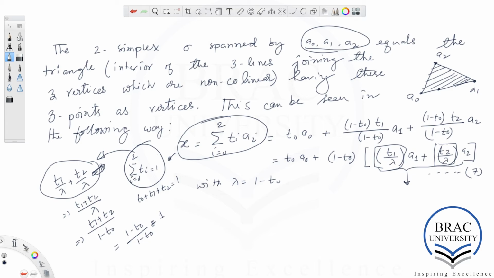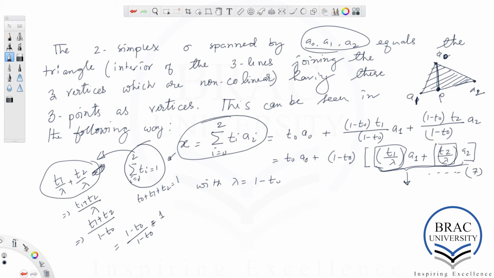It means that what we have inside the square bracket is the coordinate of a point lying in a line segment joining A1 and A2. Sorry, I should have written it since we are dealing with A1 and A2.